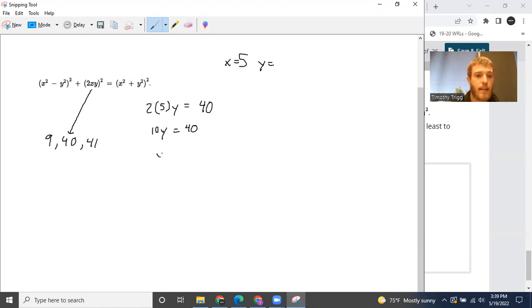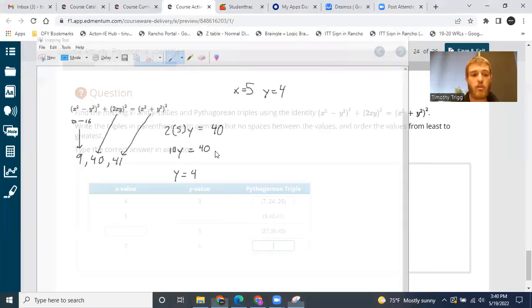Divide both sides by 10 to give us that y is 4. 5 and 4, that should work. Let's make sure it works for the other side lengths as well. 5 squared, that's 25, minus 16, yeah, that gives us the 9. And then 5 squared plus 4 squared, 25 plus 16 gives us the 41. So if our x value is 5, the y value would be 4 in order to create this Pythagorean triple.